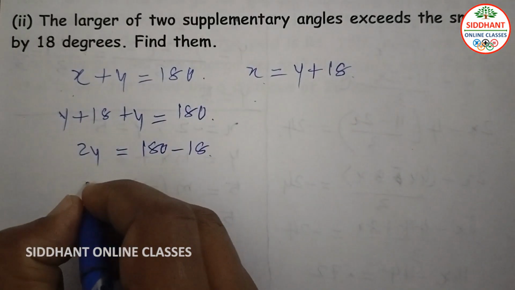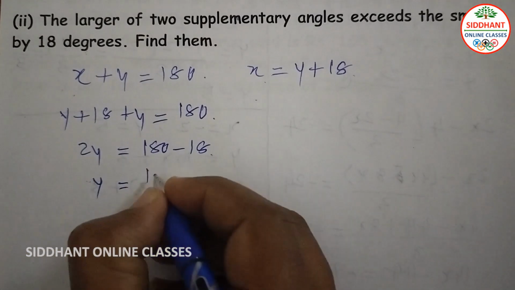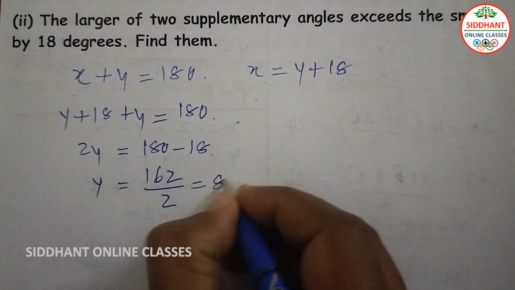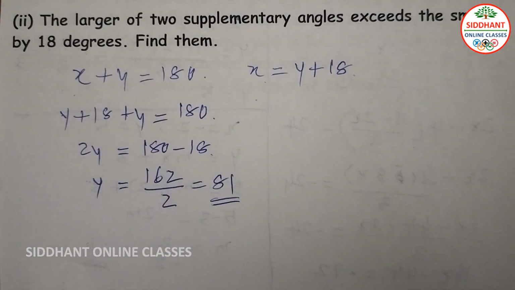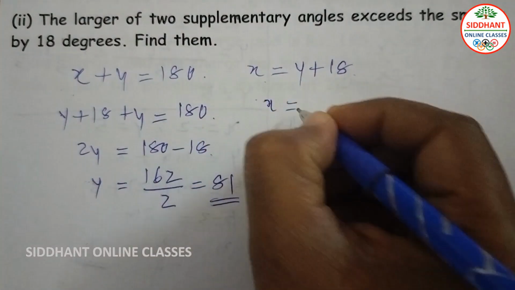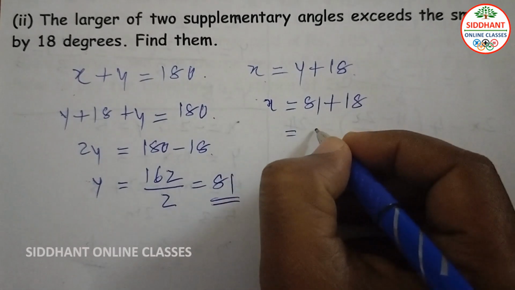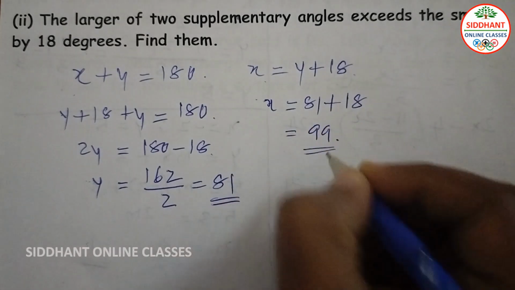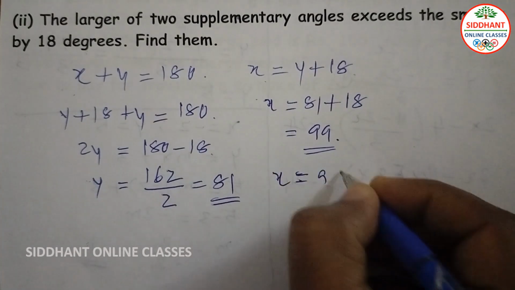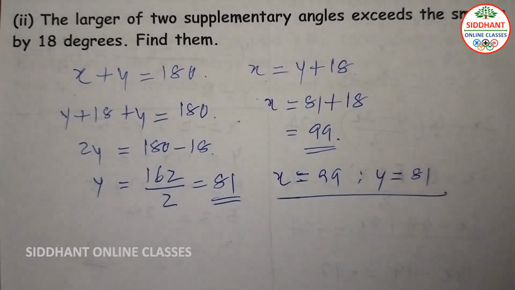So here y equal to 180 minus 18, which will be 162 by 2. That will be 81 here. So y is 81, then x equal to 81 plus 18. So that will be 99 here. So we get answers x equal to 99 and y equal to 81 here.